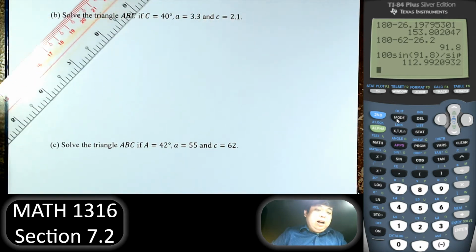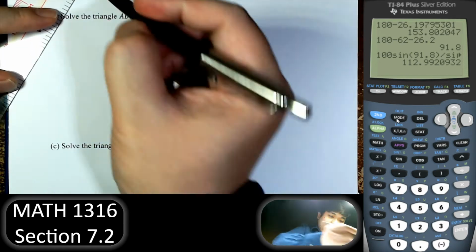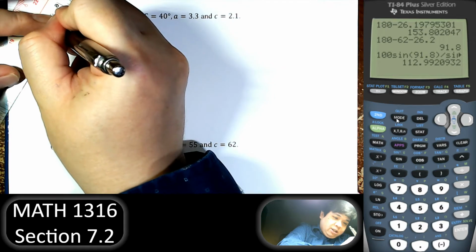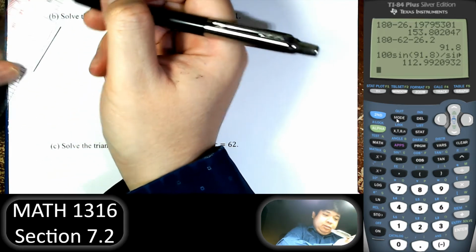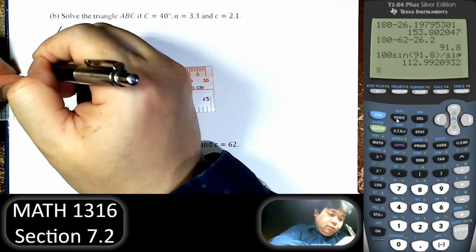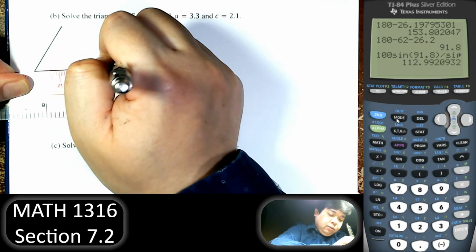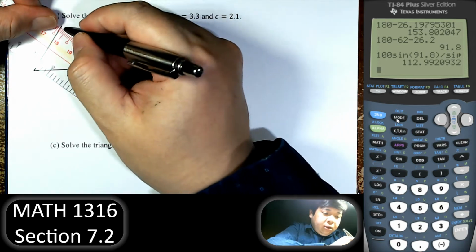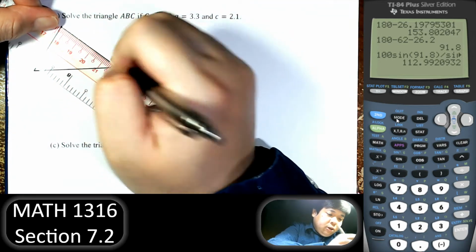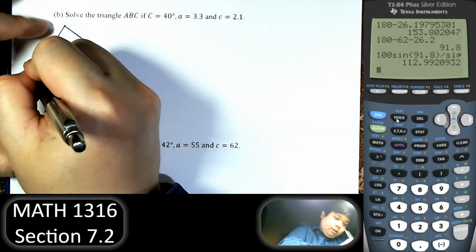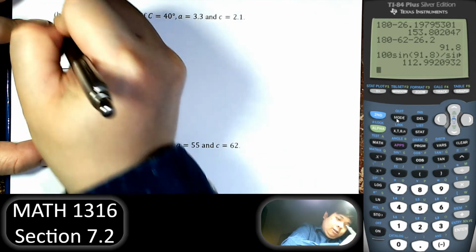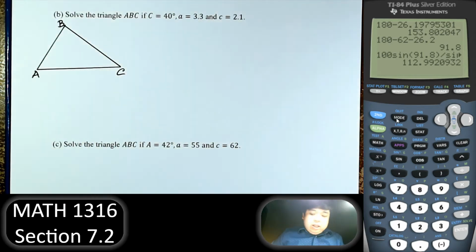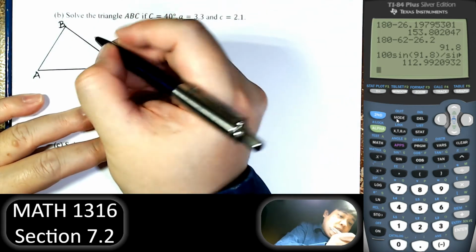Right, another example here. Let's draw that out. So in this case, we are given angle C of 40 degrees.